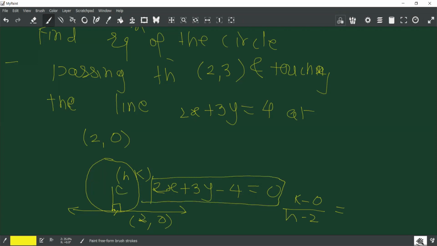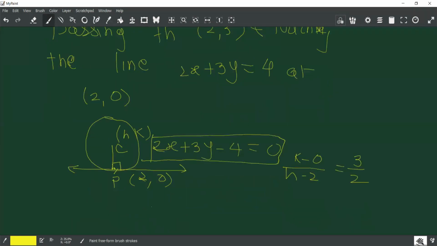Since this is the center C, call the point of contact P. Since CP is perpendicular to the given line and the slope of the line is minus 2 by 3, the slope of CP is going to be 3 by 2. So cross multiply: 2k is equal to 3h minus 6.